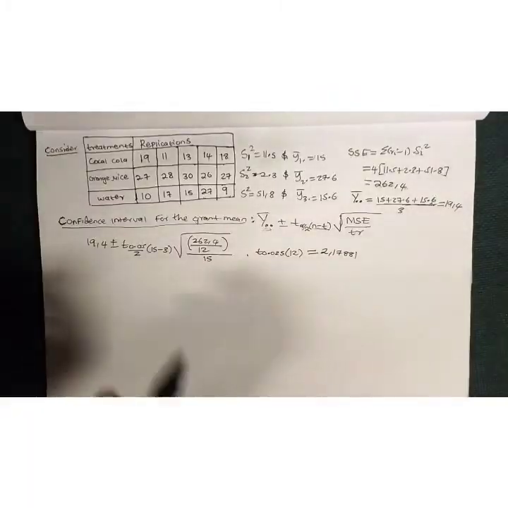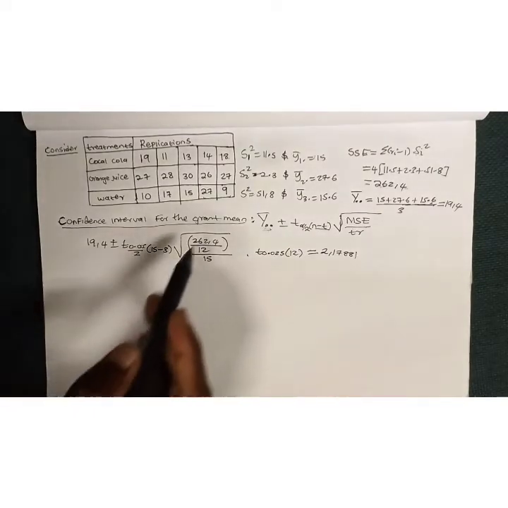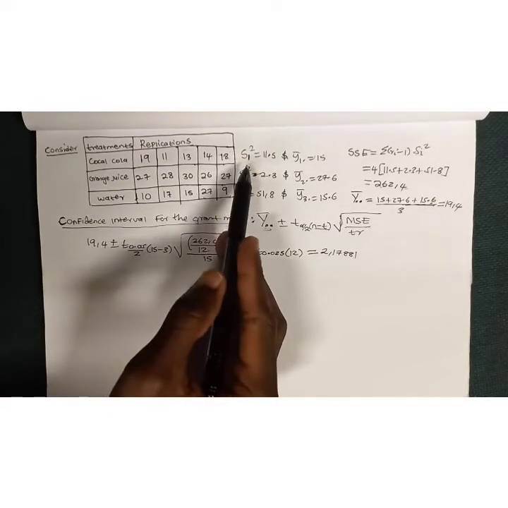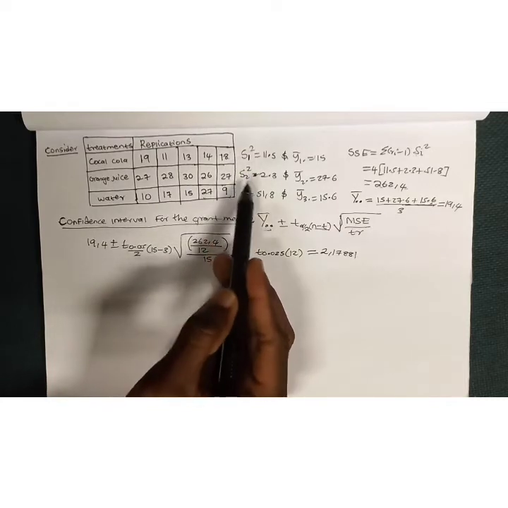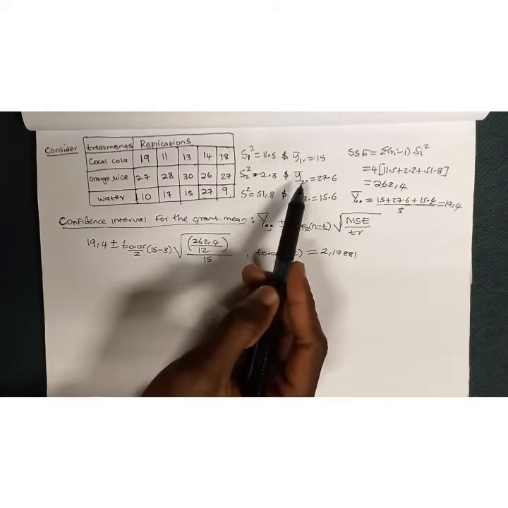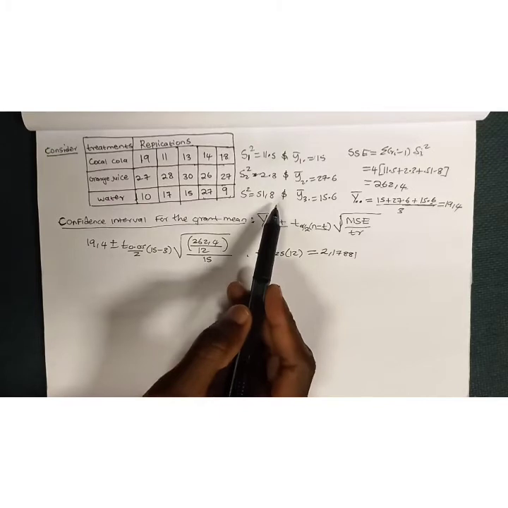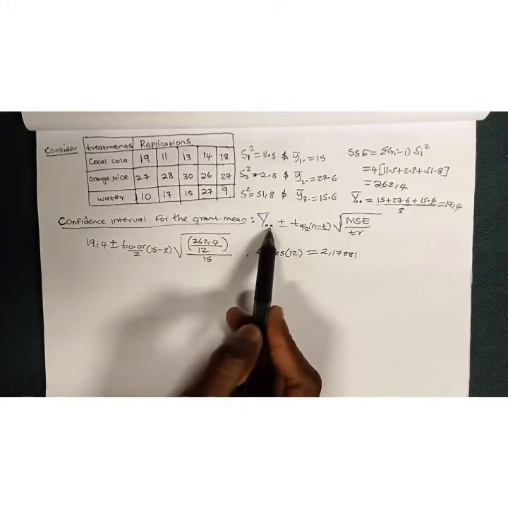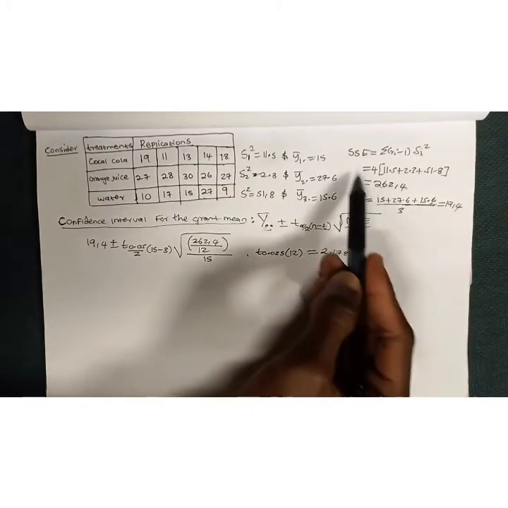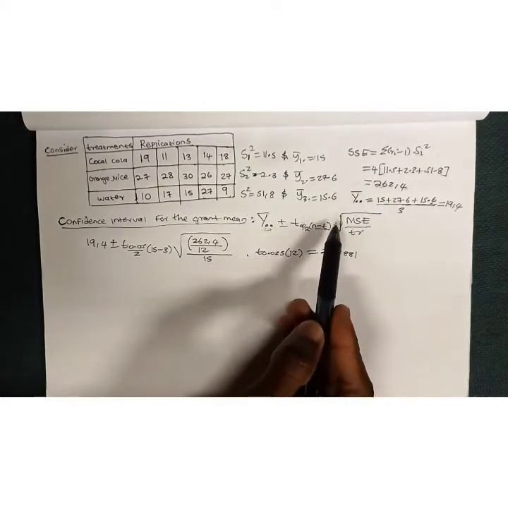It's very much important for you to calculate the variances per each treatment and the sample means per each treatment for us to be able to find the grand mean and also the SSE, which will lead us to MSE.